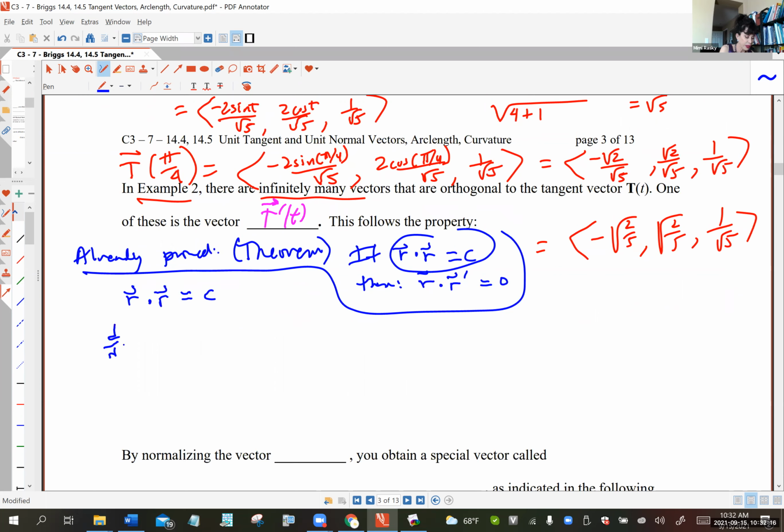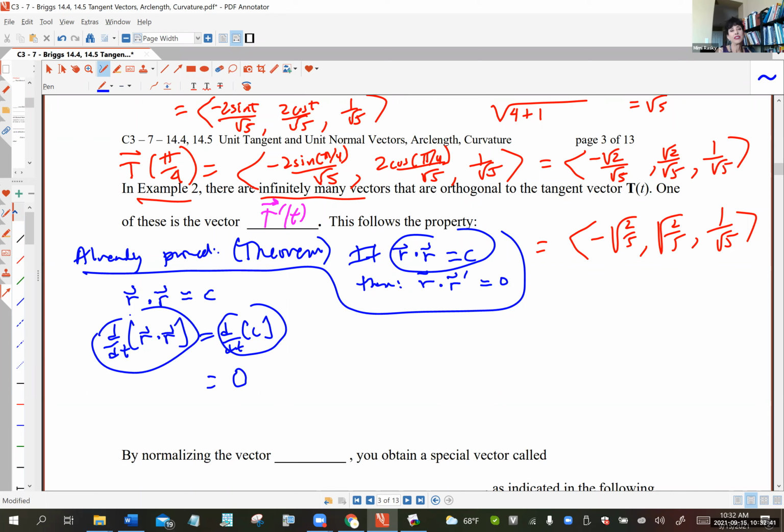If you take the derivative of both sides of this equation with respect to time, the right-hand side is easy. Does anybody remember what the derivative of a constant is from Calc 1? 0. Yes. And then on the left-hand side, you'll use that theorem.